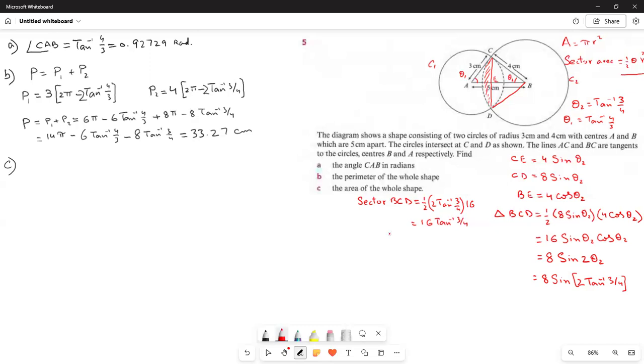Okay. Now let's come to the circle C1. So using the same philosophy, consider this triangle ACD. Area of triangle ACD, this is what I want to calculate. Hold on a second.